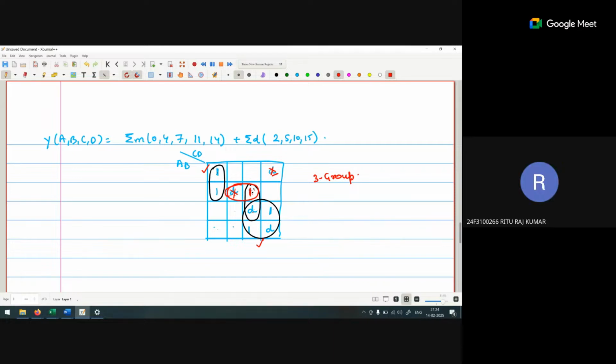You created four groups, sir. The red one, you circled that. We also consider the don't care condition. I just say that either we use this condition or we use this one. Either we use the horizontal group or the vertical group, but any one group. We are not considering both. Why? Because if we are considering this particular min term as horizontal, why should I consider it as vertical?